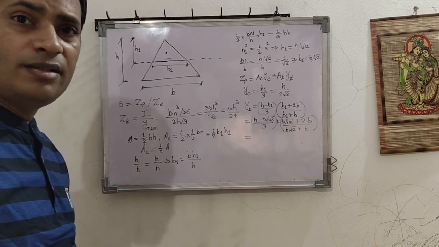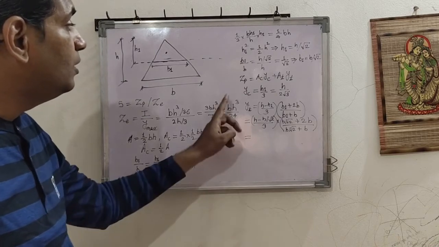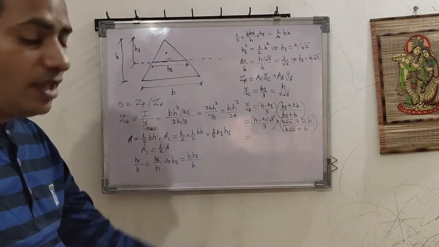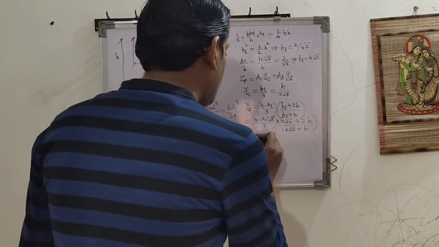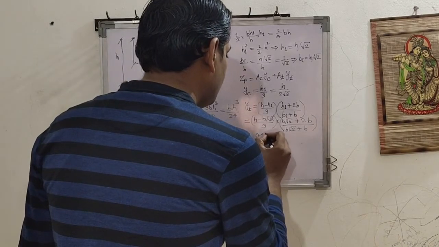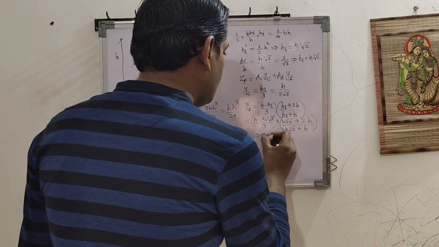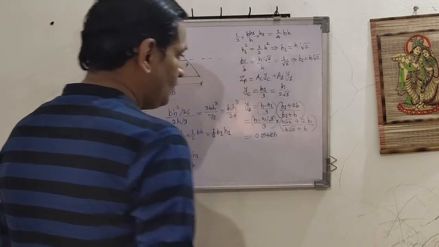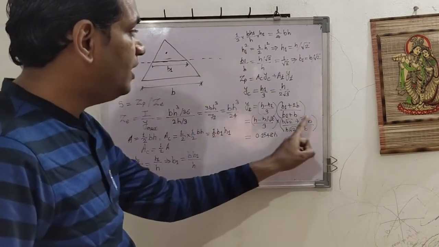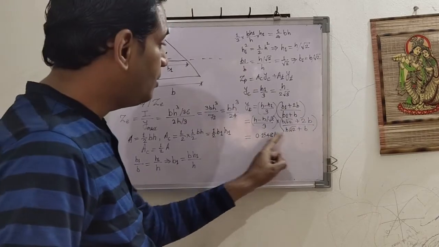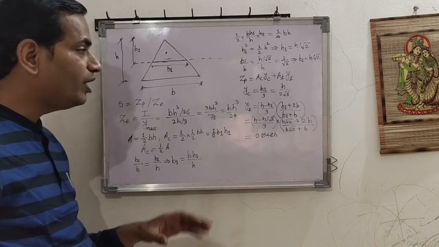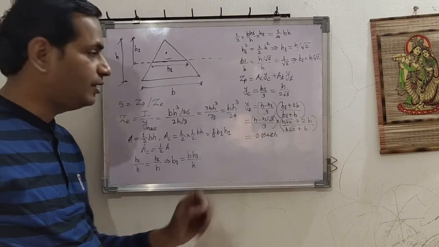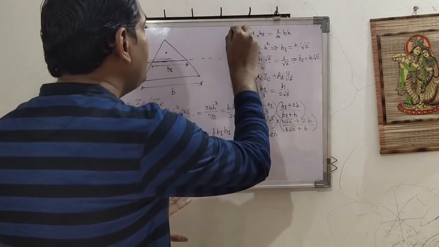What you will get is YT in terms of h as 0.1548 h. Since this is an algebraic step that we need to carry out, I will not go into details because that is simple. So this is YT.